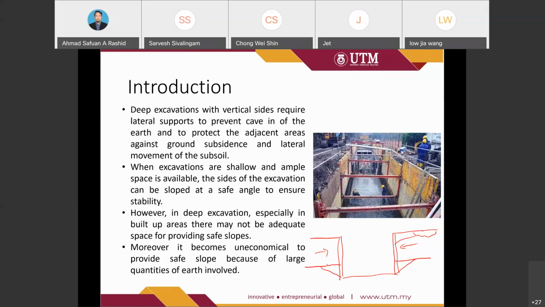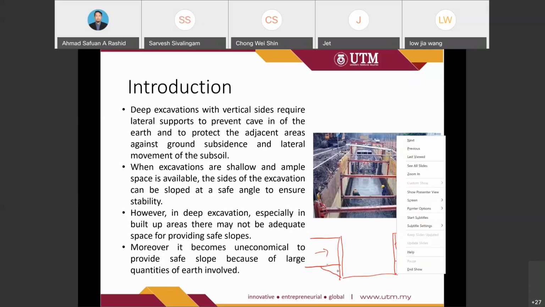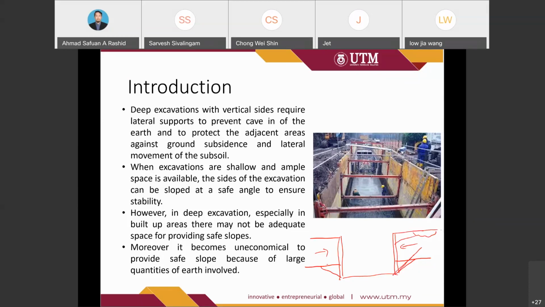If the excavation is too deep, it is not suggested to have a slope, because we need a large area to construct it, as the slope should be 27 degrees to make sure it is safe. Moreover, it becomes uneconomical to provide a safe slope because of the large quantity of earth involved.